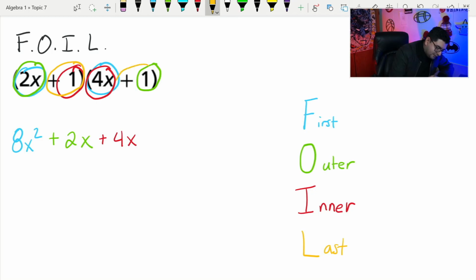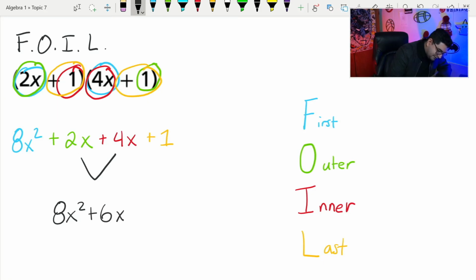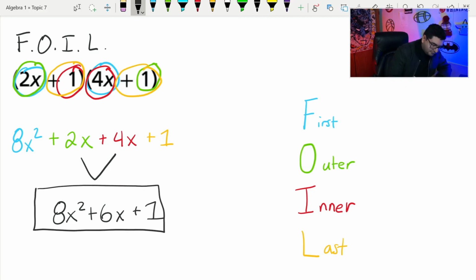So that's the positive 1 here and the positive 1 there. 1 times 1 is just 1. And this is what FOIL is. Again, as you can see, in the middle I can combine these two because they're like terms. So I get 8x squared, a 2x and a 4x combined into a positive 6x, and that one stays the same. And here is my answer.